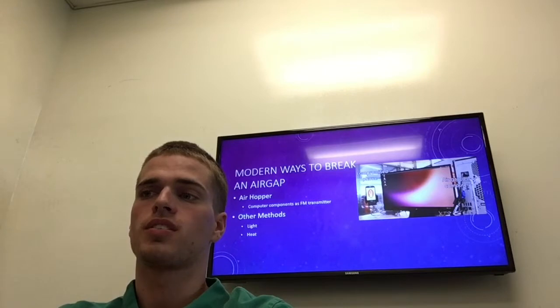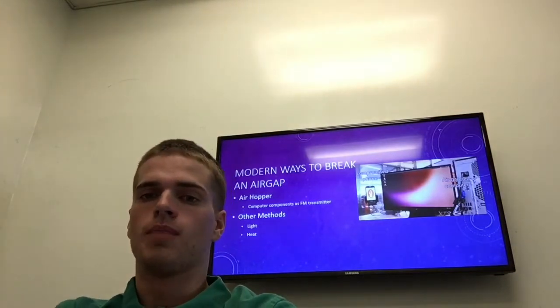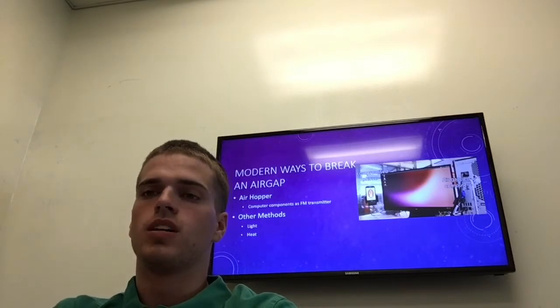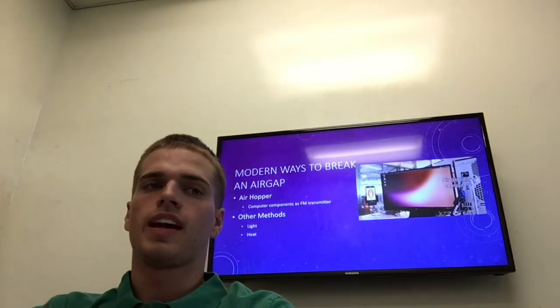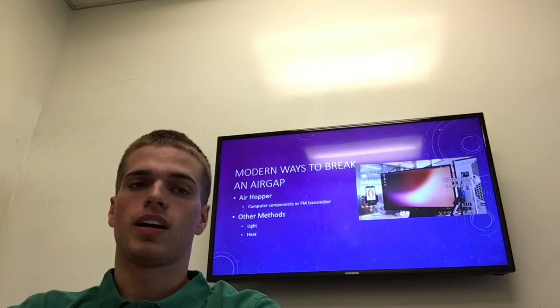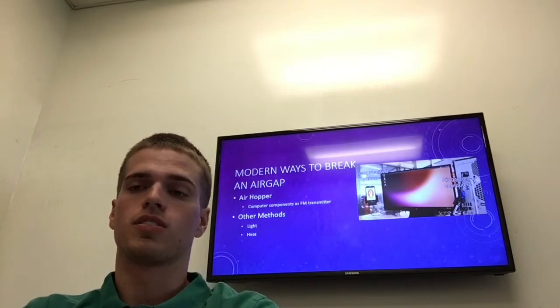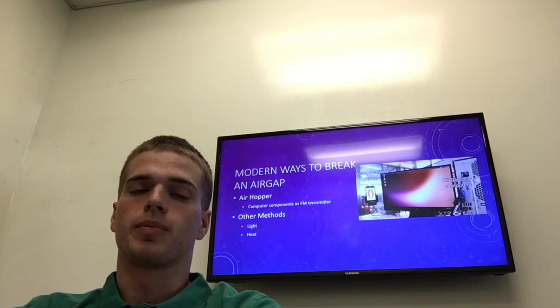All the computer components are designed to have a purpose, whether it's a graphics card or a motherboard or CPU, but AirHopper has been demonstrated to hijack the hardware and use it as a transmitter, specifically in the FM band, but I'm sure people have used it for other frequencies as well, to transmit from that computer to another hacked phone that's waiting to receive, to get information from a closed network.